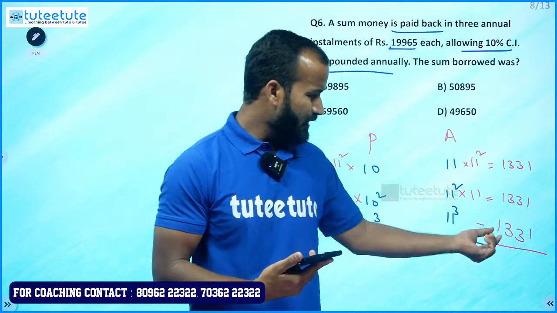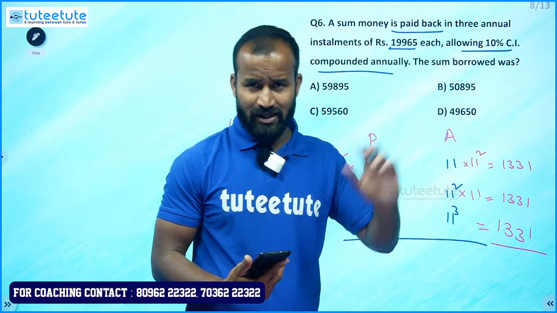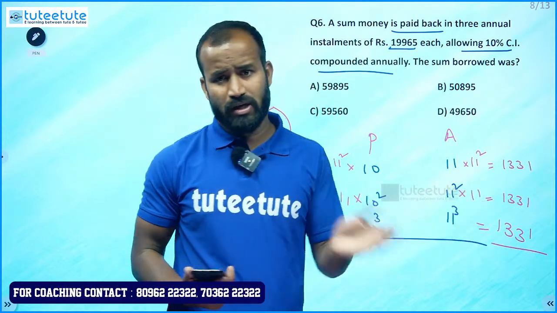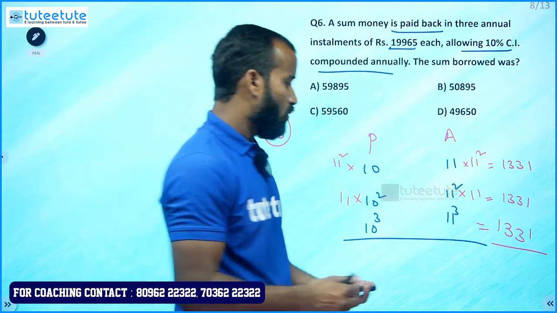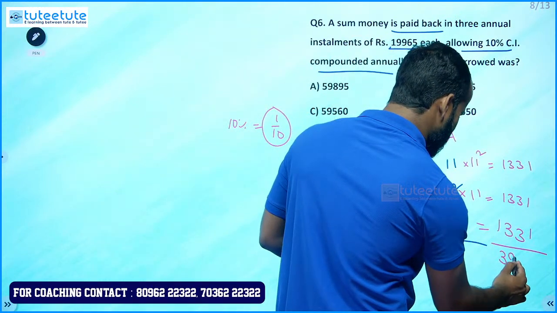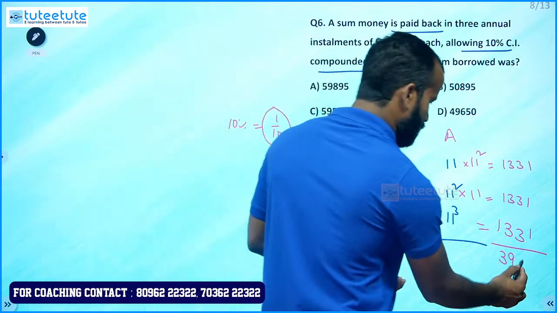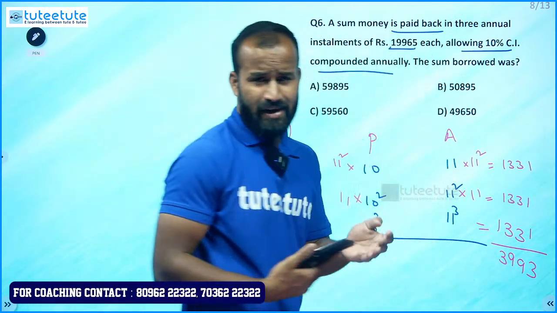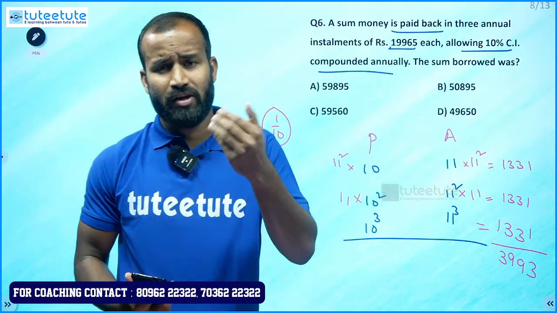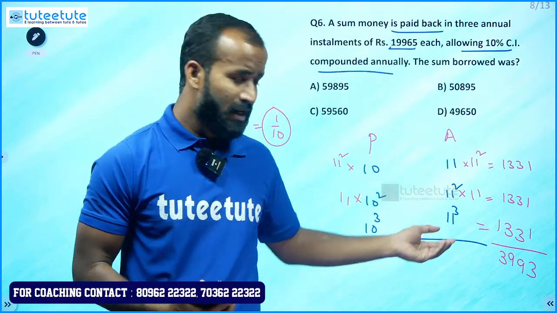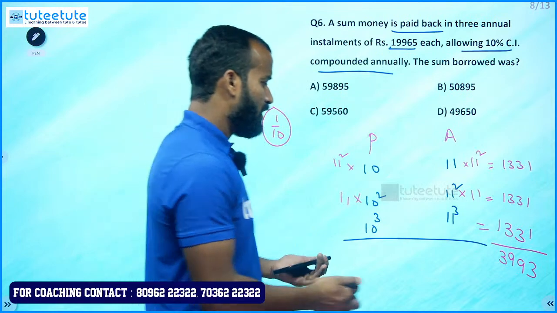1300 into 3, 3900, 31 into 3, 93. So 3993. This will be the amount value.